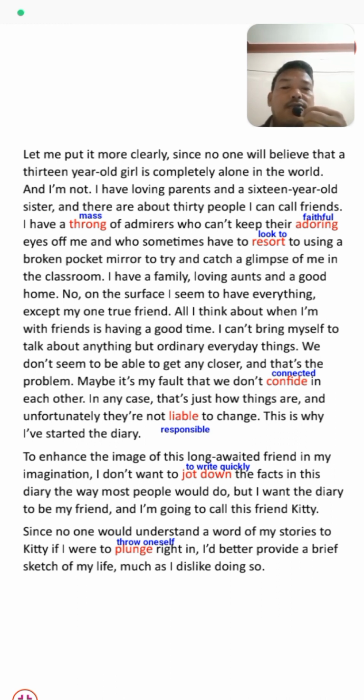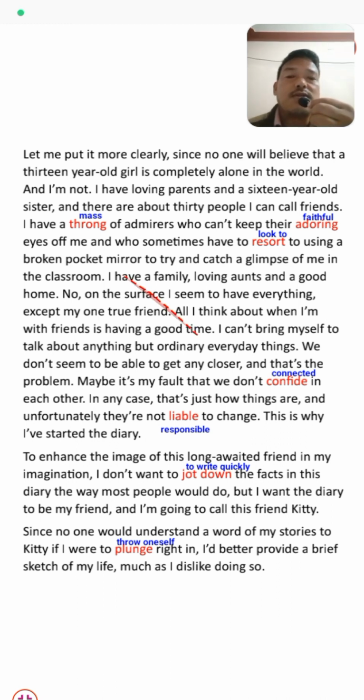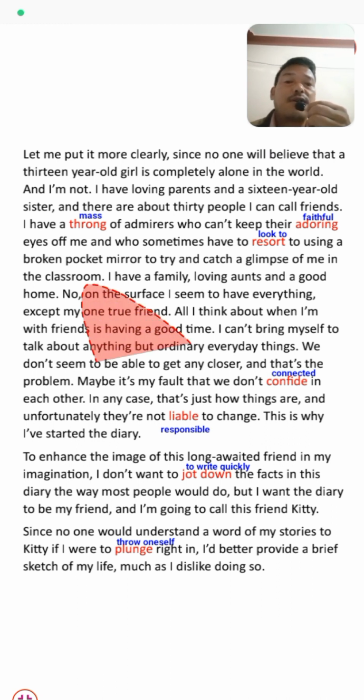It's very clear, students, in this paragraph. Liable, students, means responsible, and confide means to connect. She says in this paragraph that she has everything. She has family and all, she has friends also, a loving and caring friend and sister. She has everything, but she doesn't have a good and real friend with whom she can express her feelings.